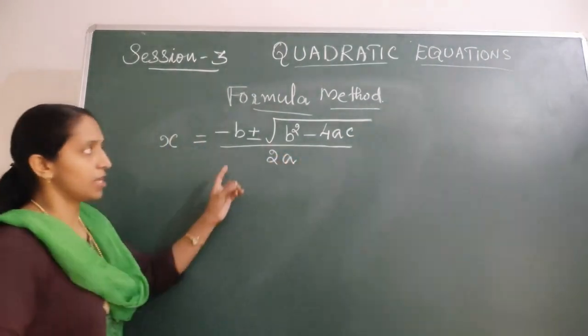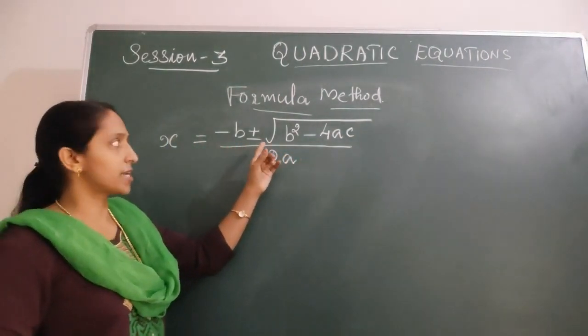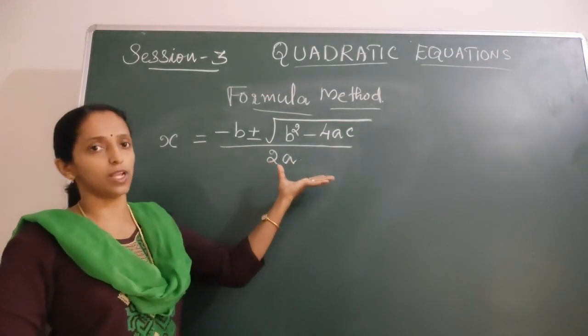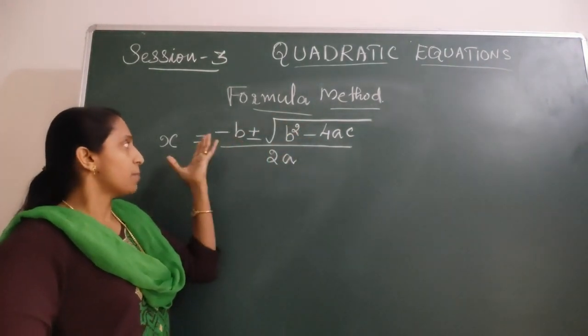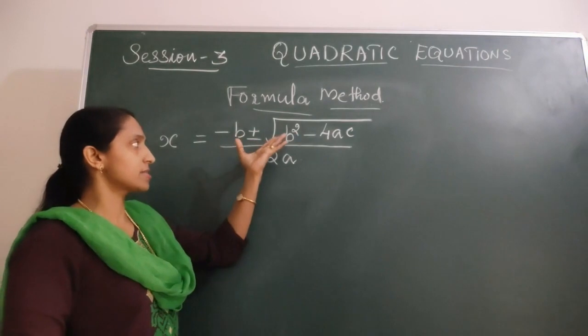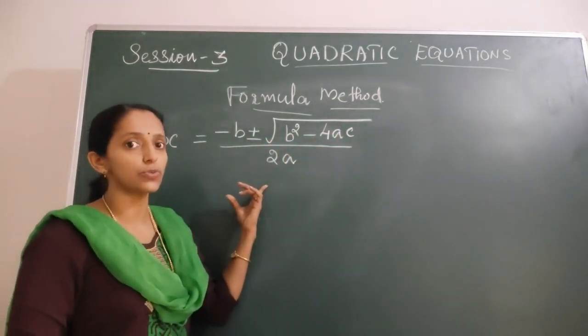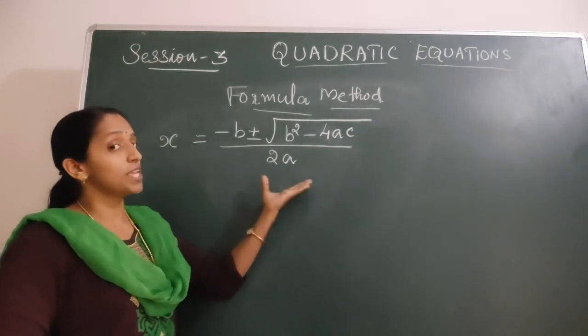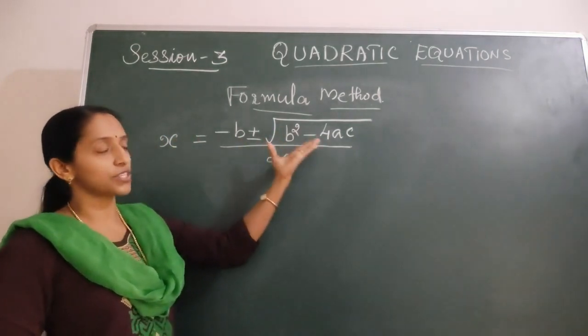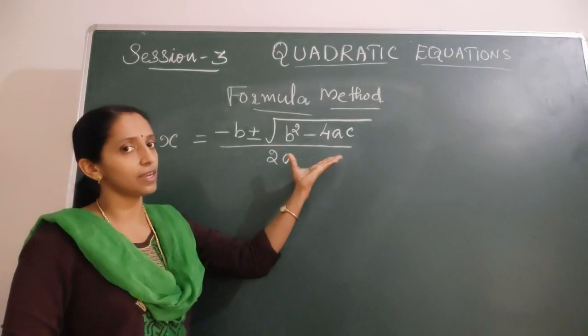This is the formula for solving the quadratic equation, where a, b, c are the constant values in the given equation.